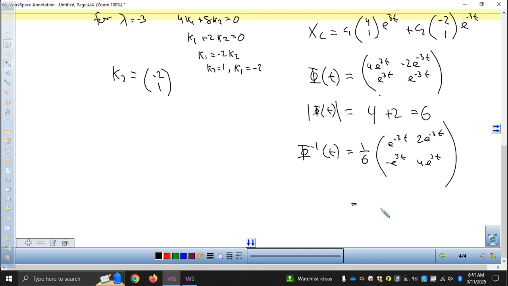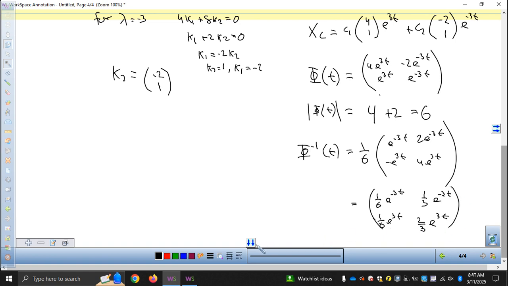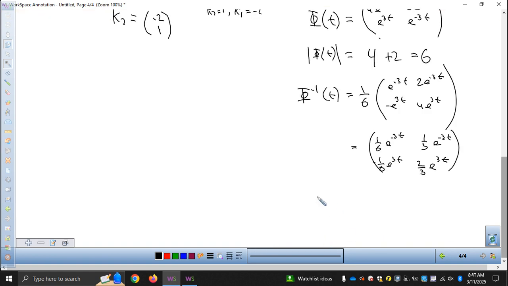I'm going to rewrite that as 1/6 e to the negative 3t, 1/3 e to the negative 3t, minus 1/6 e to the 3t, and 2/3 e to the 3t. That's our inverse matrix there.